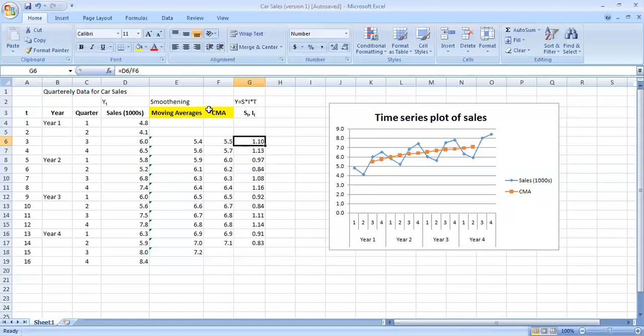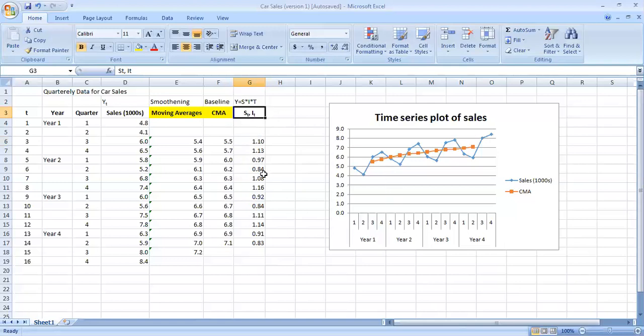The baseline is the centered moving average, so we'll name it as the baseline, the trend. So a 10% change, a 10% increment of variation, is done to the trend line because of the seasonality and irregularity factor.